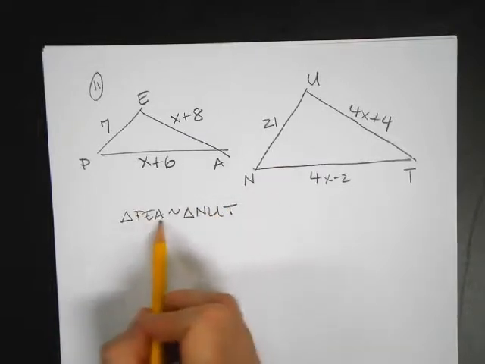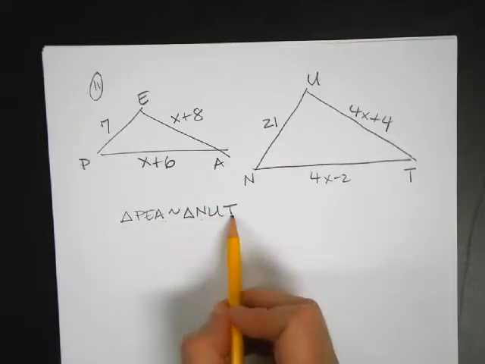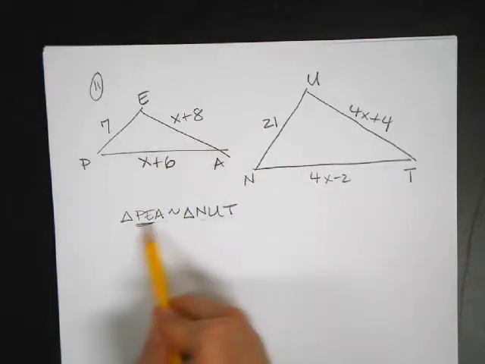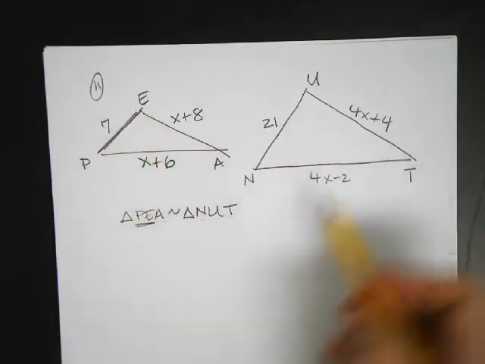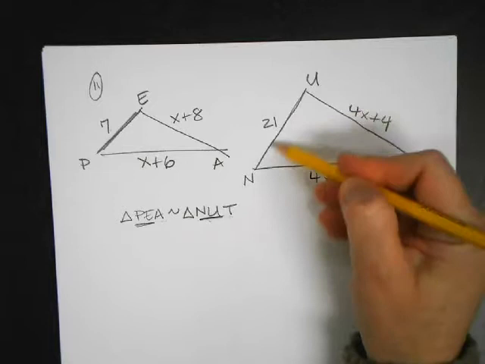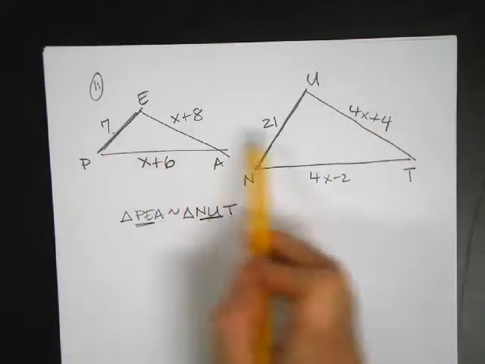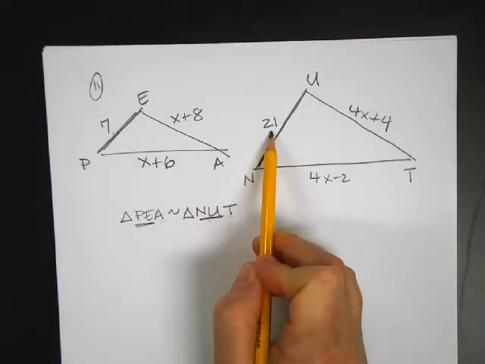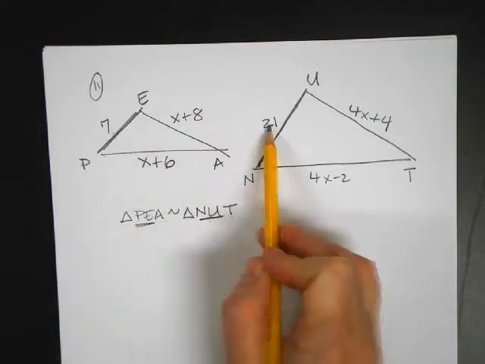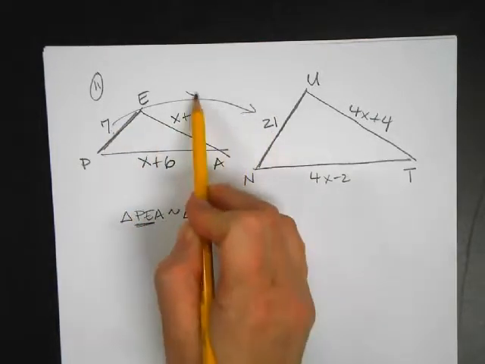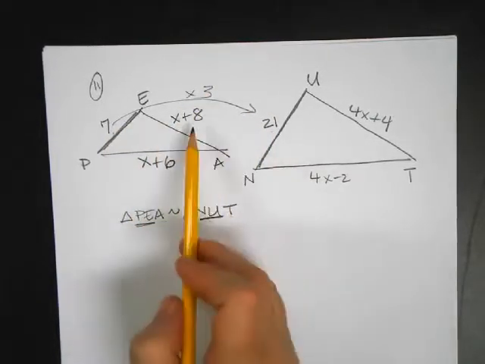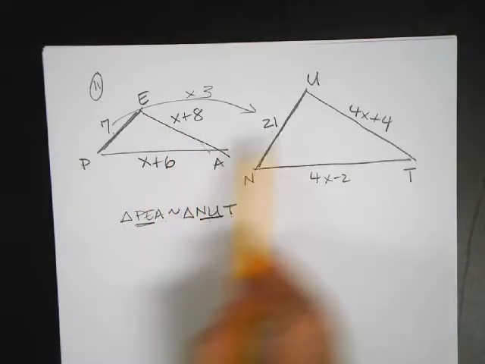So I know if it says that PEA is similar to NUT, then I know PE, this side here, is going to correspond to NU. So I'm looking at 7 and 21, and I'm saying to myself, well, 7 times 3 is 21. So then I know that if I multiply this side by 3, I'll get this.